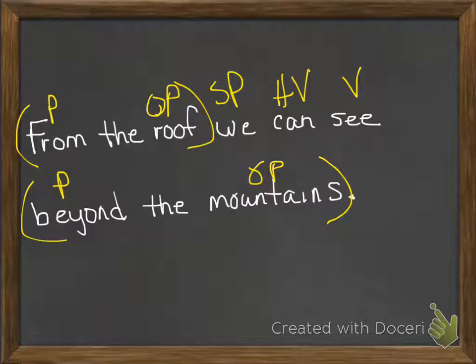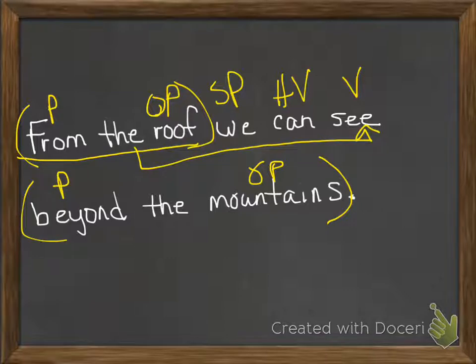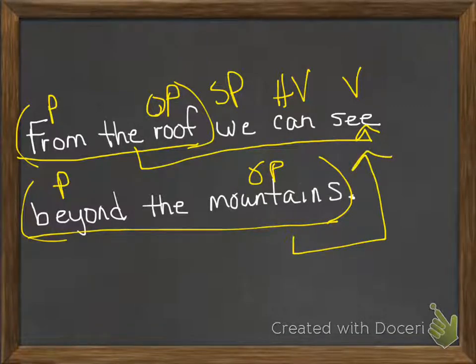Okay? Where can we see? From the roof. So it's modifying the verb, so it is an adverb phrase. Where can we see? We can see beyond the mountains. So it too is modifying our verb see.